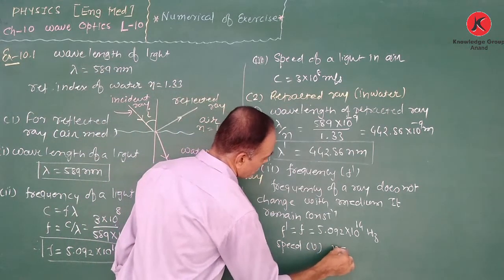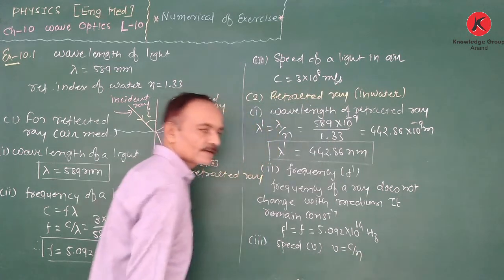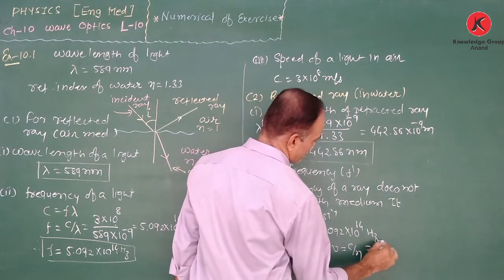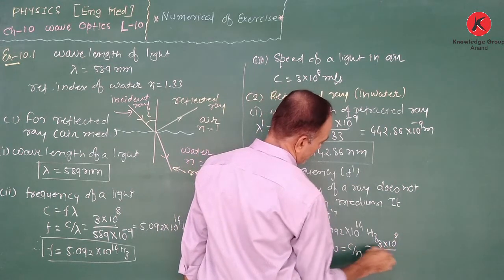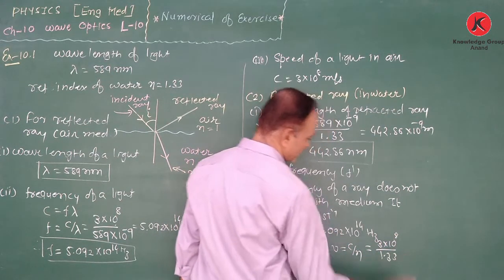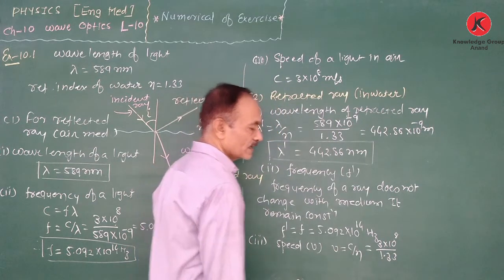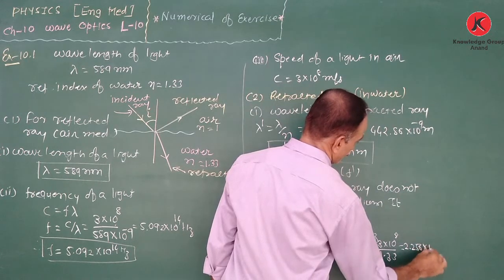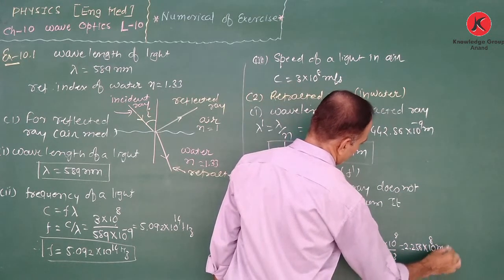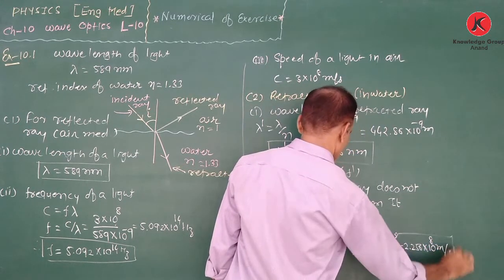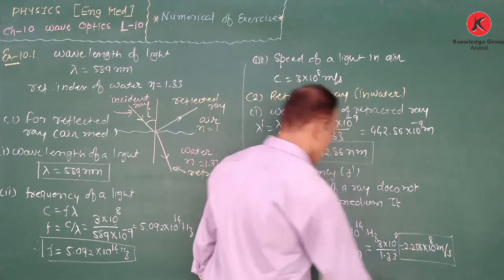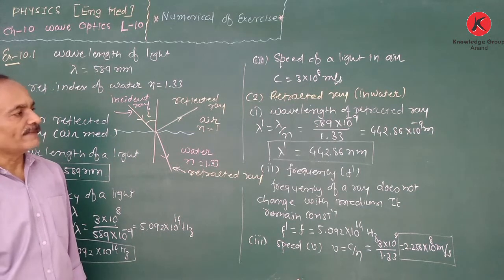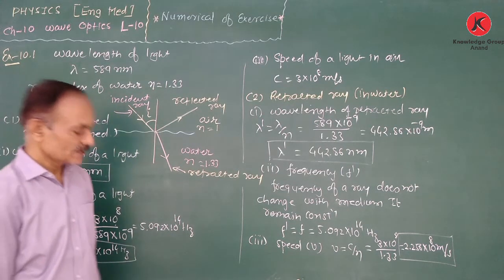So v is equal to c by n. c is 3 into 10 to the power 8 upon 1.33. Therefore, 2.256 into 10 to the power 8 meter per second. That is the speed of the ray in water medium. Okay.